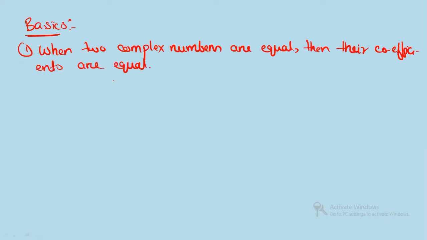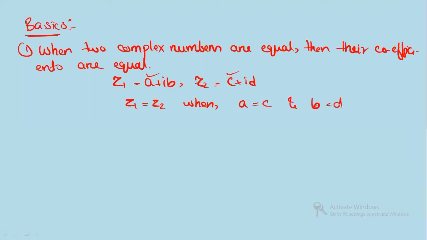Means if you have two complex numbers, z1 equals a plus ib, and z2 equals c plus id, then z1 will be equal to z2 when the real part coefficient a is equal to c, and b is equal to d. Only then you can say these two complex numbers are equal.